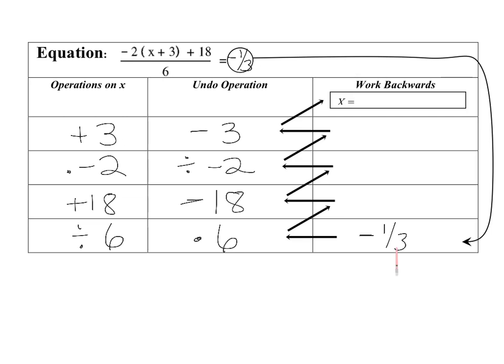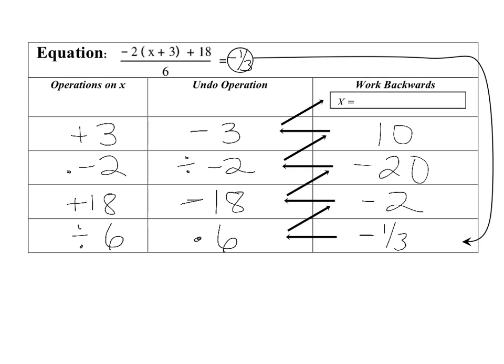So -1/3 times 6. You guys can do this. This is just 6/1 times -1/3, which gives us -6/3, which is -2. And then I'm going to do -2 minus 18, which is -20. And then -20 divided by -2, which is 10.